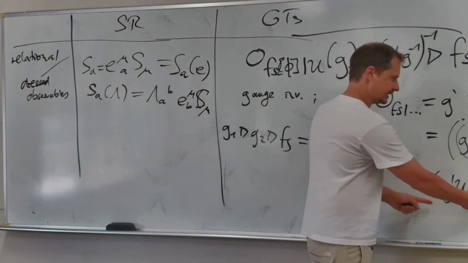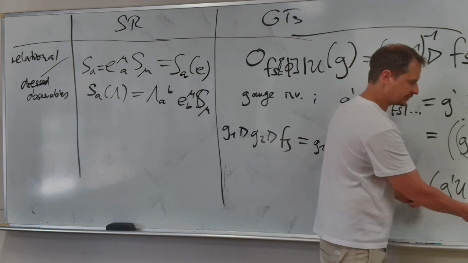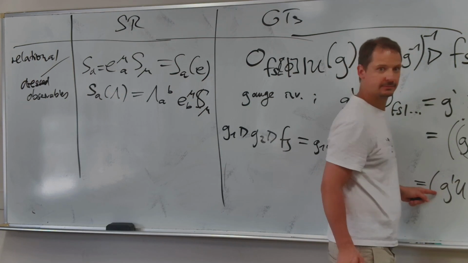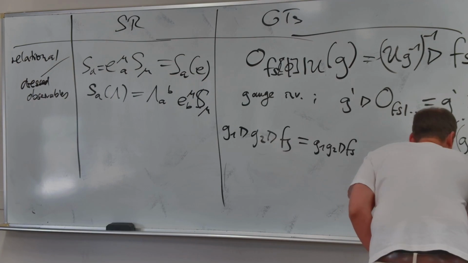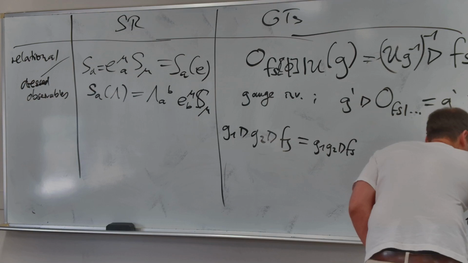So because there's an inverse here, this g prime will cancel that g prime. You have again that this is U g inverse, minus 1.